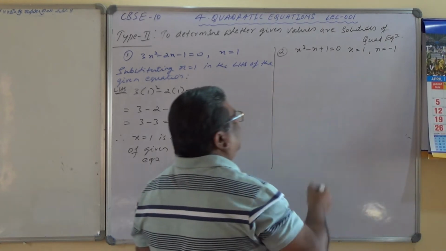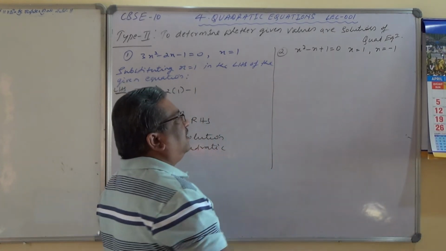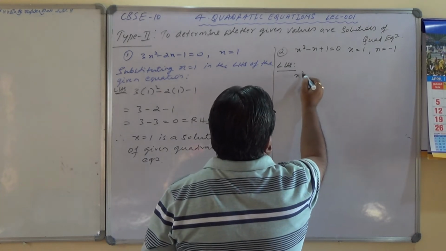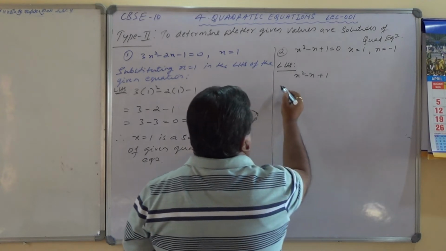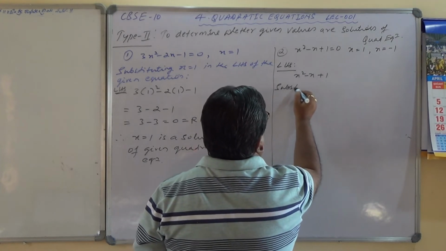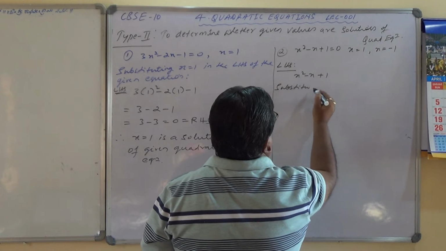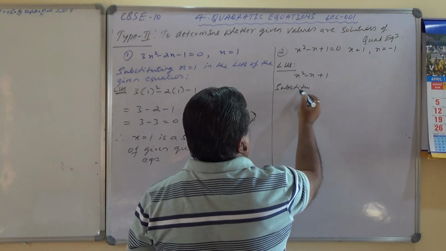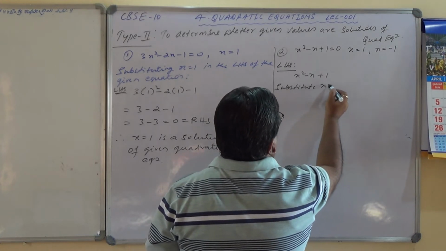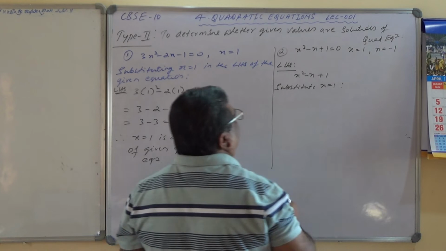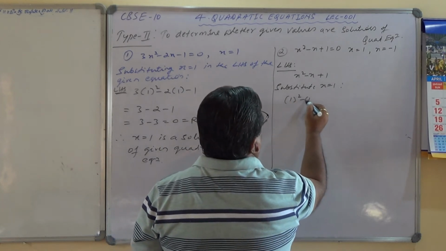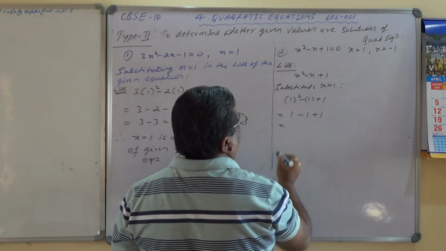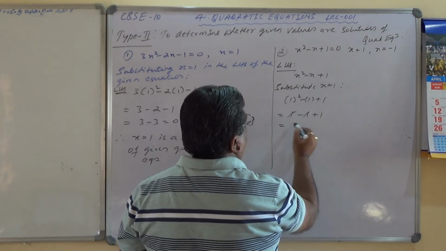So first case we will see, let us substitute in the LHS x equals 1. LHS is x square minus x plus 1. Substitute x equals 1, which equals 1 minus 1 plus 1, which equals 1.